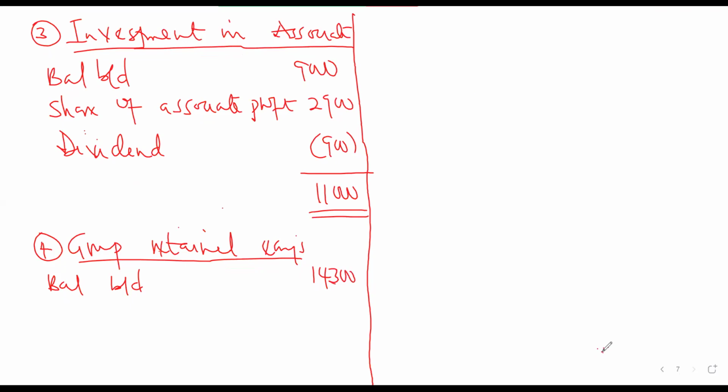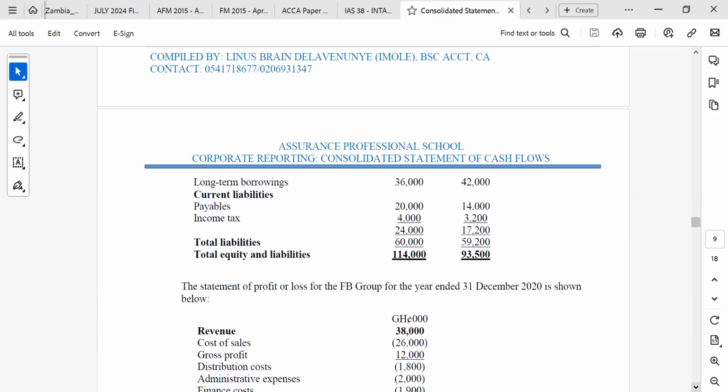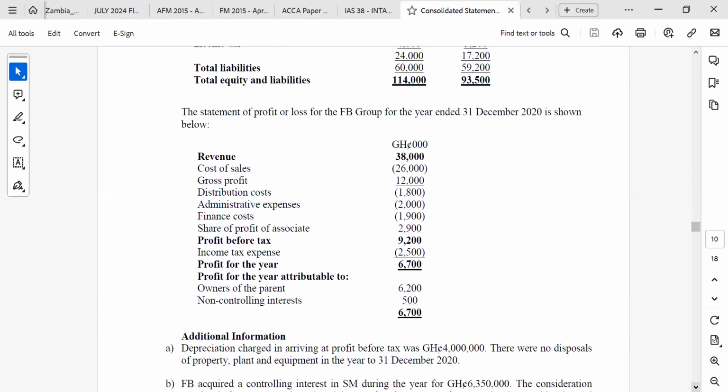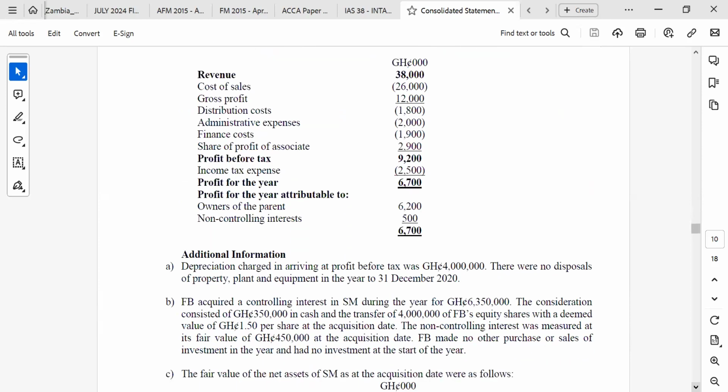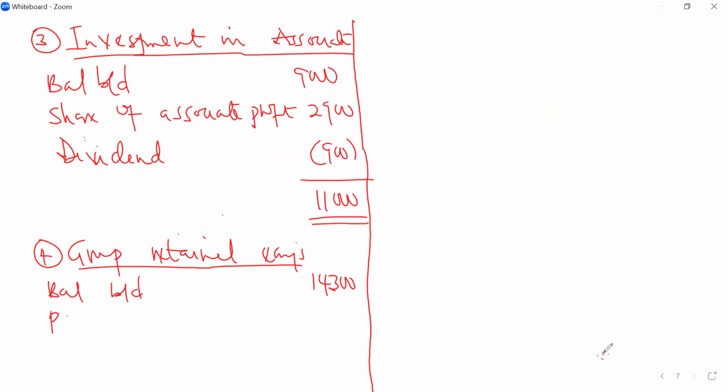What will increase the group retained earnings? The share of profit, I mean post-acquisition profit.